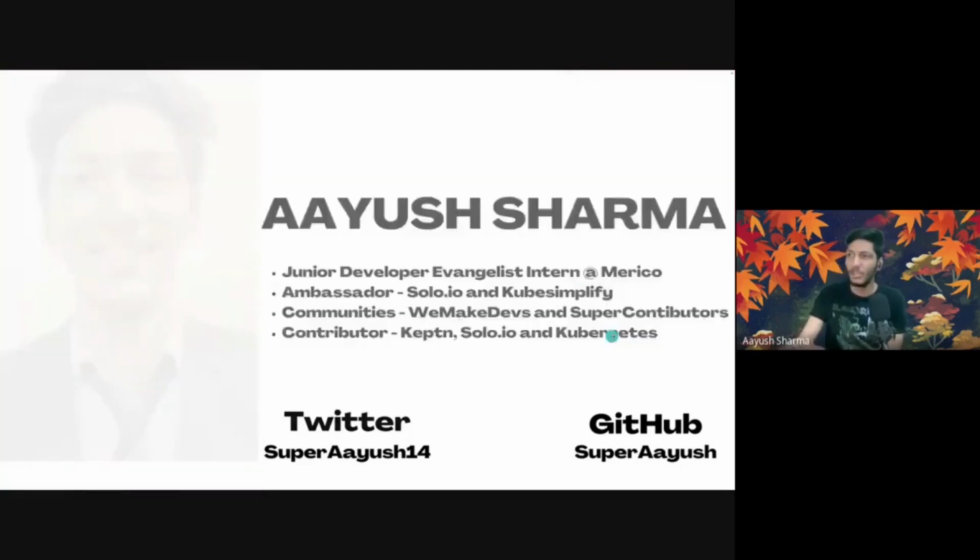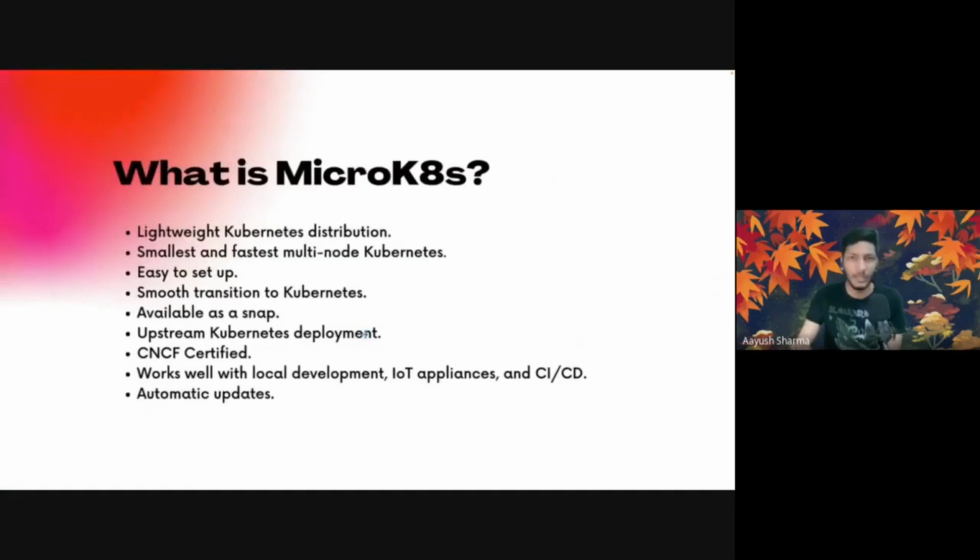So moving on to the introduction to MicroK8s. MicroK8s is a lightweight Kubernetes distribution made by Canonical, and it is basically designed to run on your local systems. It is the smallest and the fastest multi-node Kubernetes. If you look at the other options for Kubernetes distributions, this might end up being the fastest, as we'll see in a while, because as I have a Mac machine, I don't need to run a VM and then access MicroK8s.